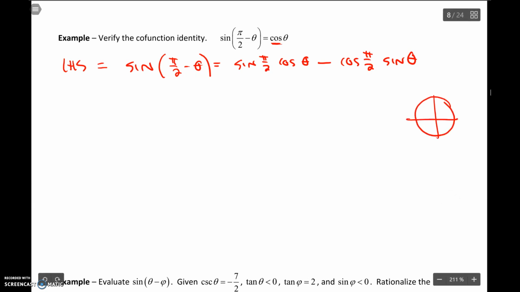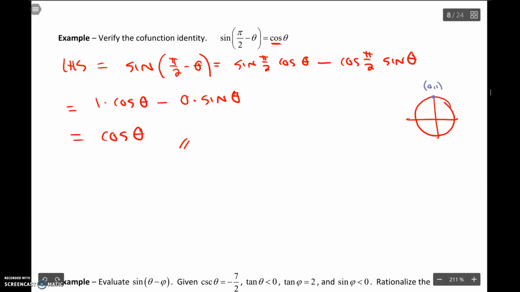Draw our unit circle here. We're looking at pi halves. That ordered pair is 0, 1. So the sine of pi halves is 1. So 1 times the cosine of theta. I don't know what the cosine of theta is. Minus, now the cosine of pi halves is 0, and the sine of theta I don't know, but it doesn't really matter what the sine of theta is because 0 wipes it out.